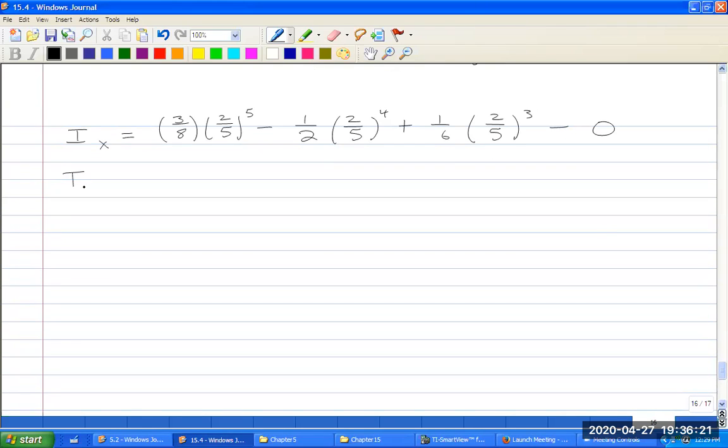So 2 to the 5th divided by 8 is 4 times 3 is 12.